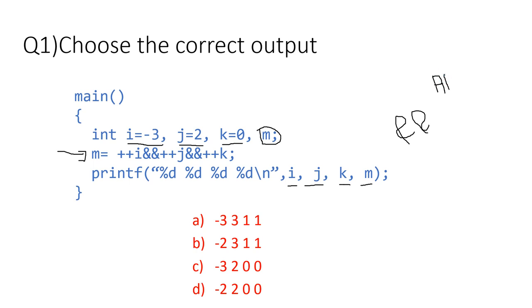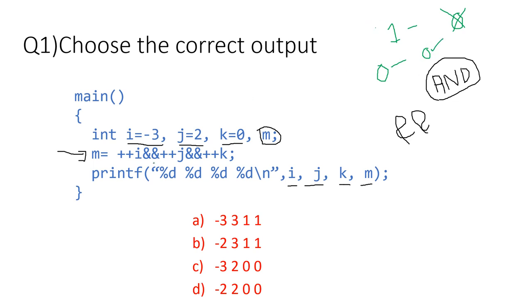The logical AND operator between any two numbers gives you 1 as the answer if both the numbers are non-zero, but it gives you 0 if at least one number is 0. So that is what it does.